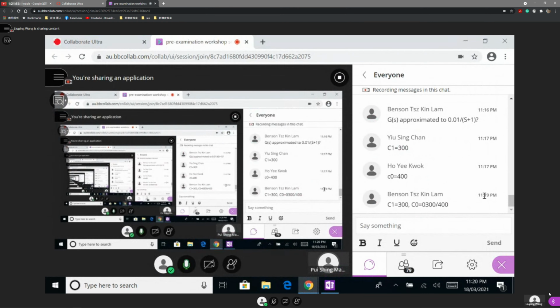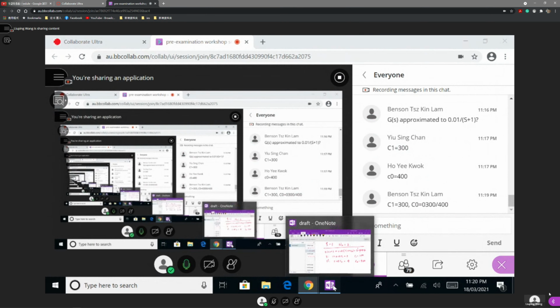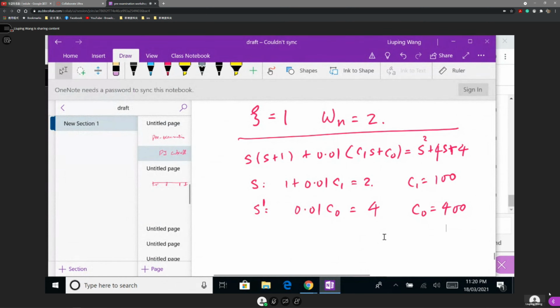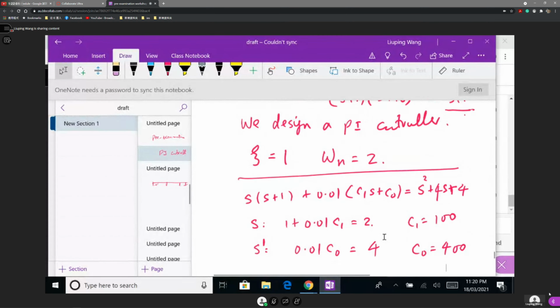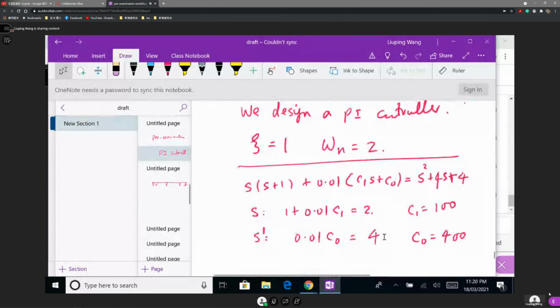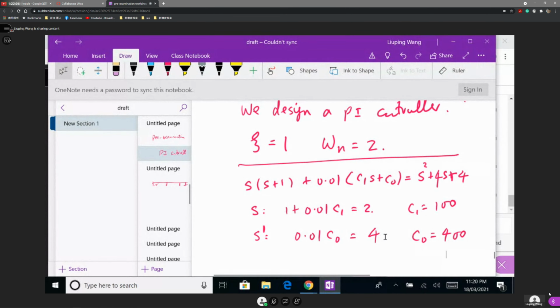How can Ben, how did you get a 300? I didn't get a 300. Who got a 300? No, C1 equal to 100.